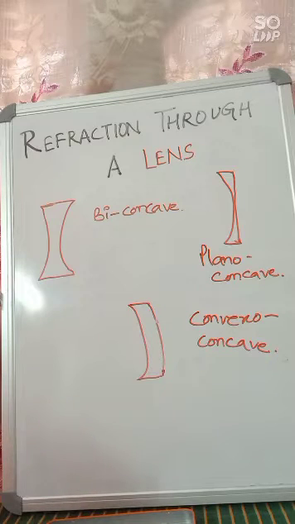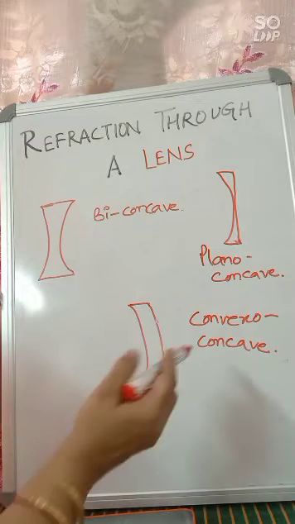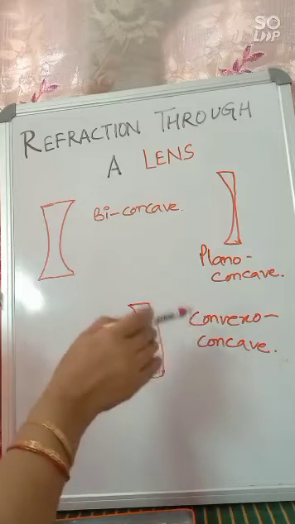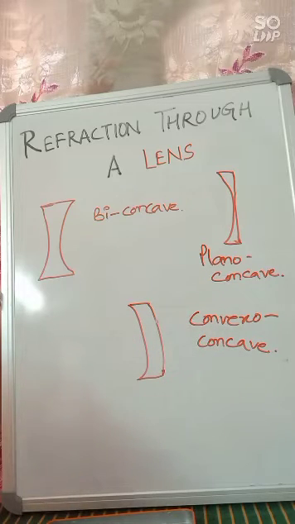So if you now ask a question, is convexo-concave and concavo-convex isn't it one and the same thing? No, it is not the same thing. Reason being it is going to make a difference from which side light ray is going to enter and from which side the image will be formed, right? They have one surface convex and other surface concave, but they differ in their shape and action.